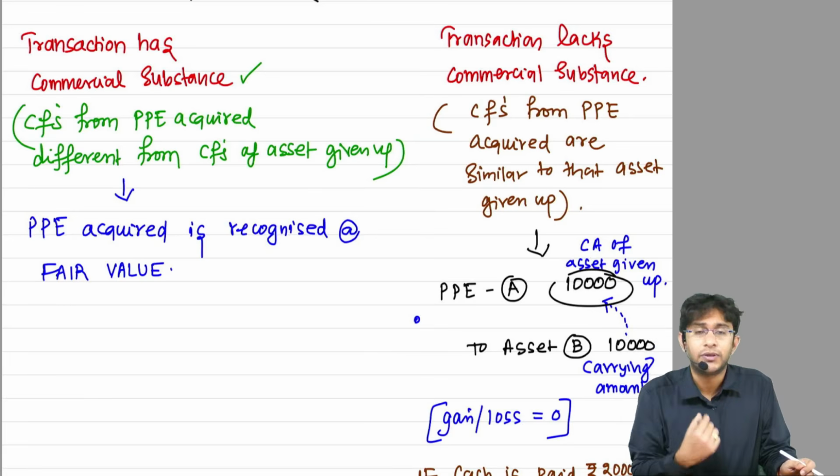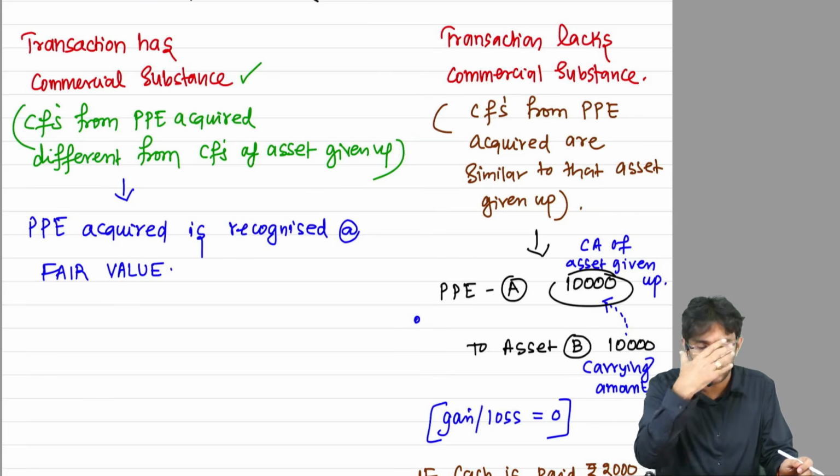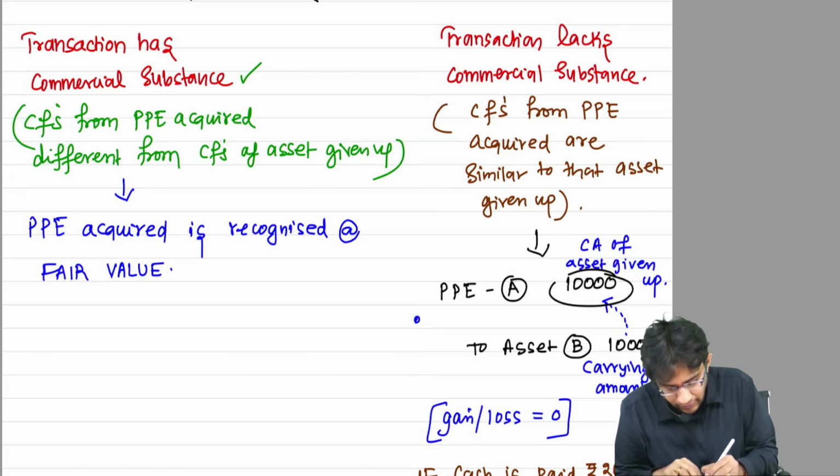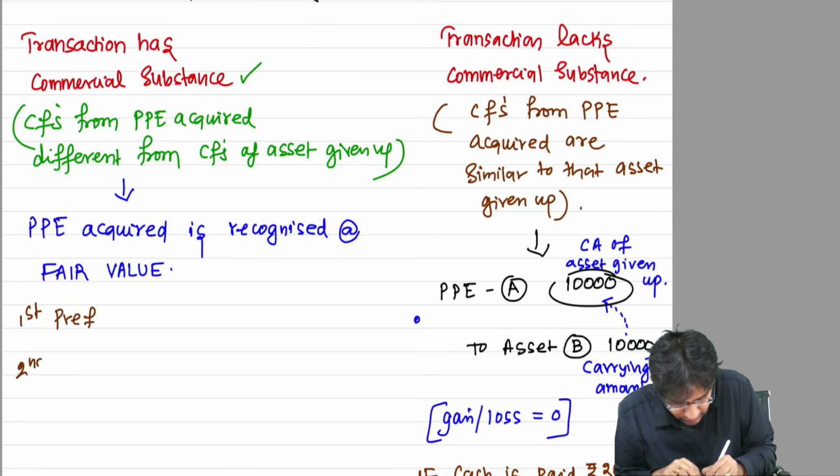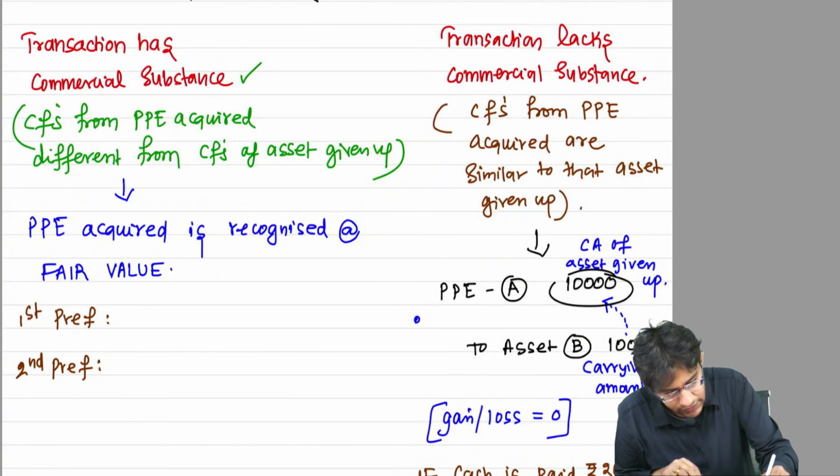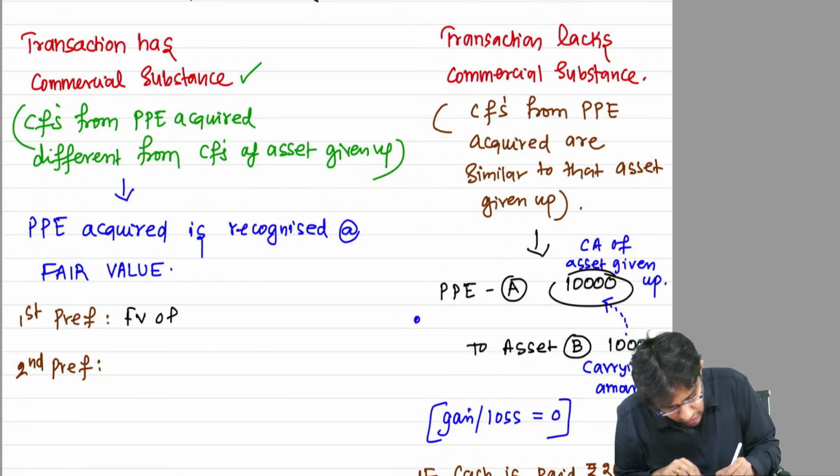The incoming PPE must be recognized at fair value. Fair value means market value. Sir, okay, sir, fair value of what? In that, very important preferences are there. First preference, second preference. First preference is the fair value of the asset given up.